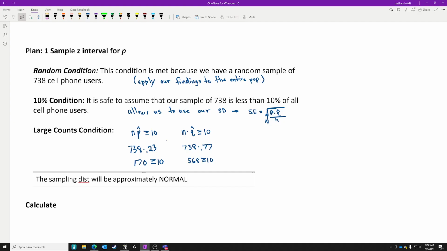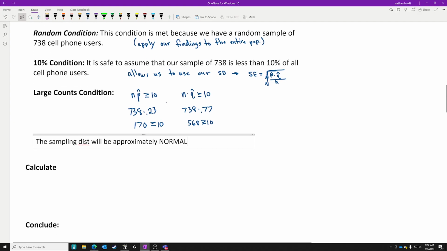All right, but that's what you got to do every time. I know it seems like a lot, but you will get really fast at that, especially when I'm not talking through it. But you have to meet those three conditions in order for your math to be valid, to prove that you are not doing BS. All right, but now we can calculate it.